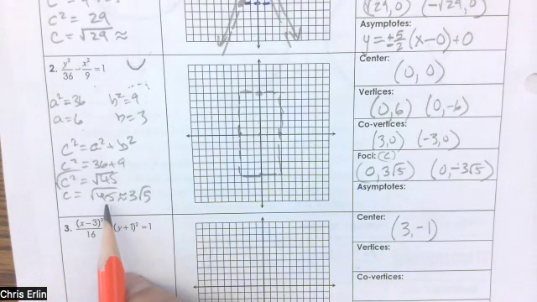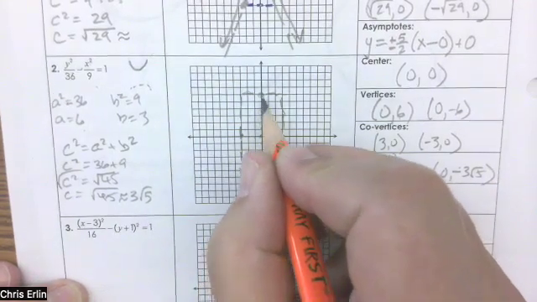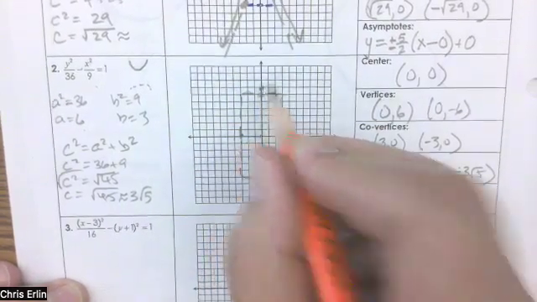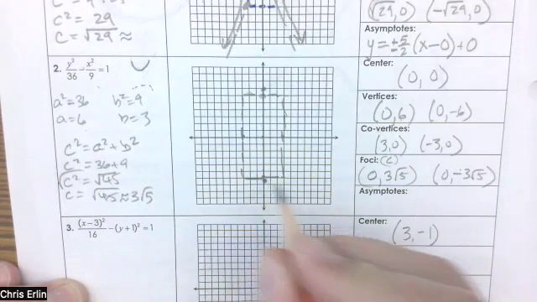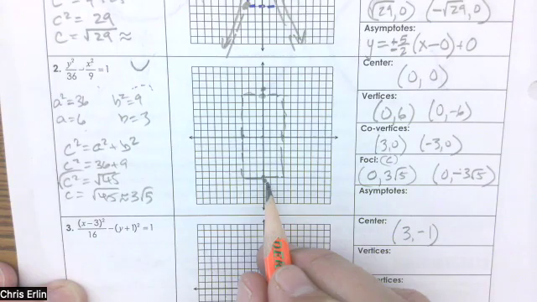And when I estimate that, square root of 45 is somewhere between 36 and 49, so somewhere between 6 and 7. So I'm going to go up 1, 2, 3, 4, 5, 6. It's going to be just outside here. 2 foci. These are the exact points, but I need to graph them.